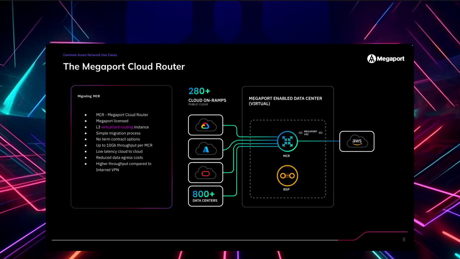Megaport has a service that facilitates this, and this is the Megaport Cloud Router. And this allows for multiple cloud services to access any other cloud service on the Megaport ecosystem by creating a virtual cross-cloud point of presence. So this is the Megaport Cloud Router, and we often refer to it as the MCR.